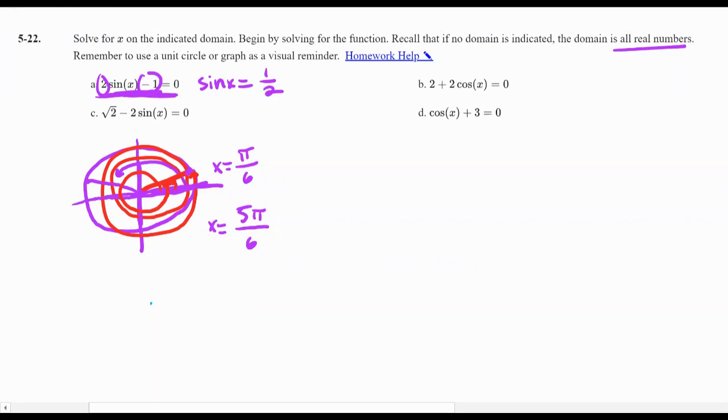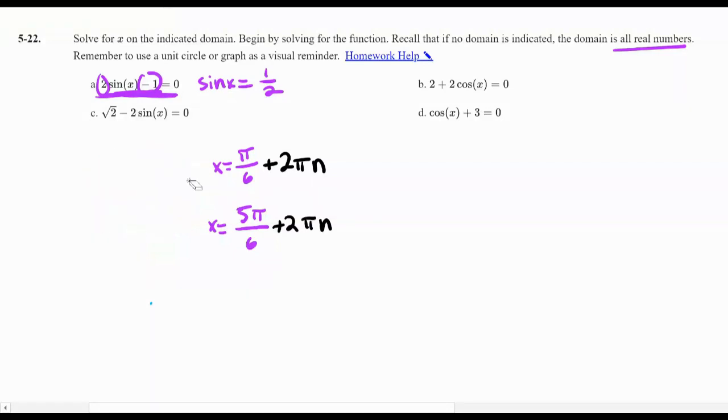So if we're going to consider that angle plus going around the circle an infinite number of times, we can just add 2 pi times n, because we're adding 2 pi however many times that we want. So the same thing goes for the 5 pi over 6. And this is what helps us represent every solution, not just the ones within the unit circle the first time.